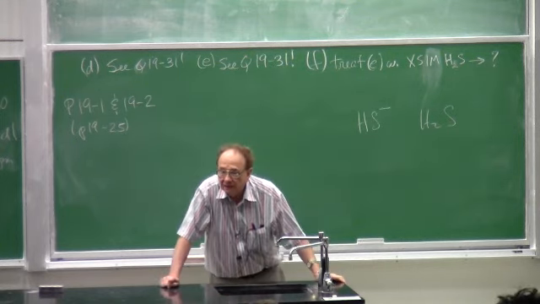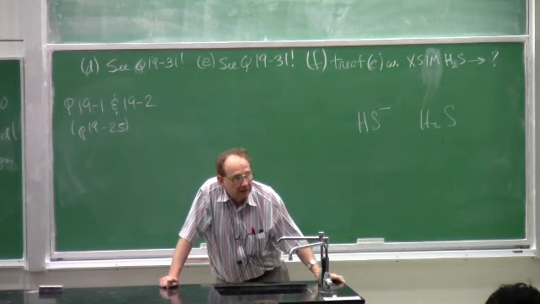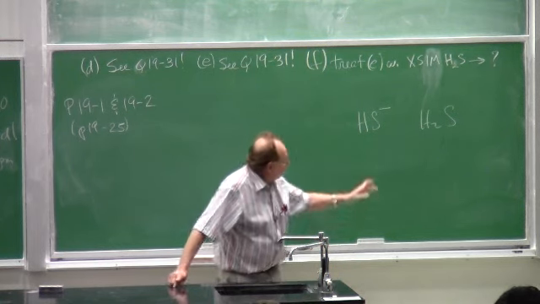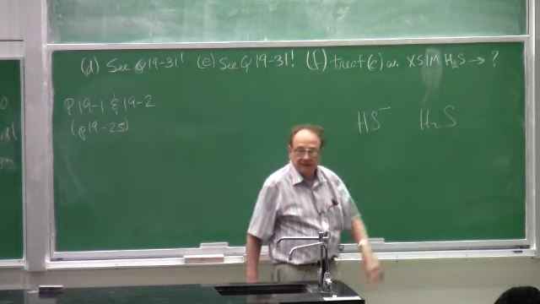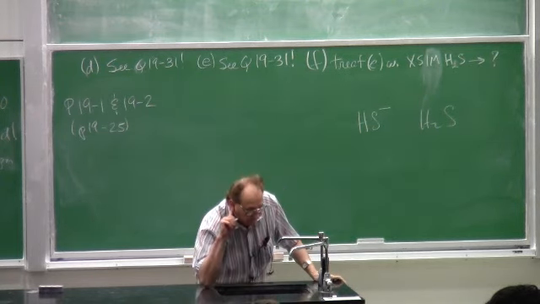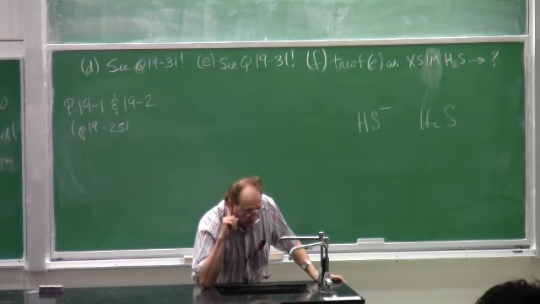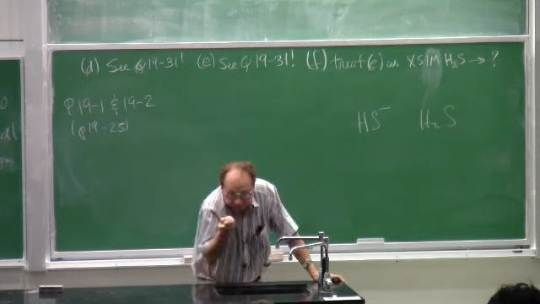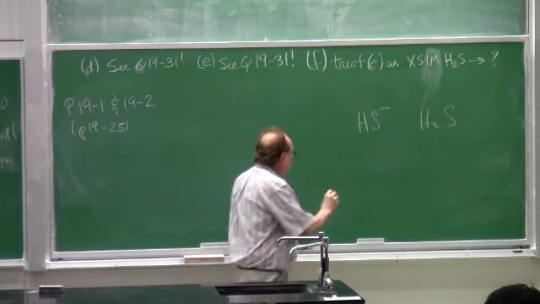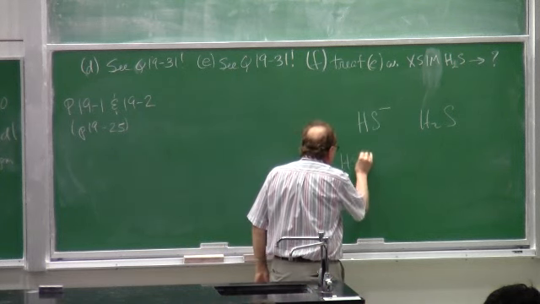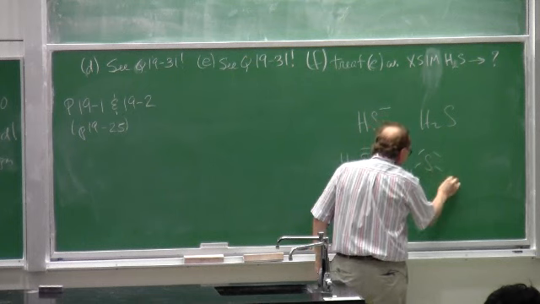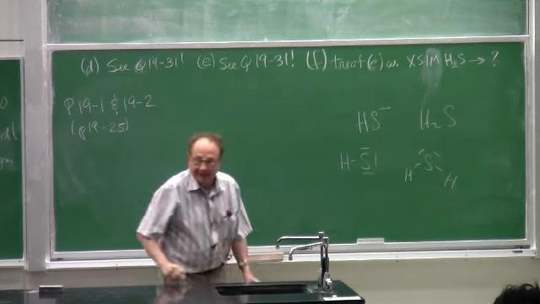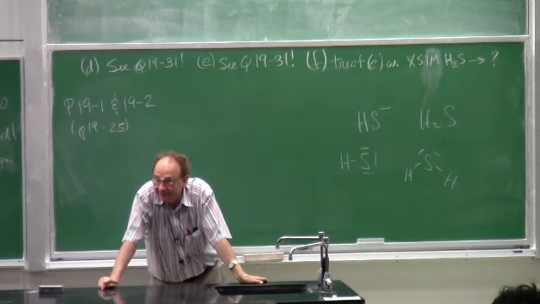Huh? The H2S has to become that. Why is this a much better sulfide ion source than this? One less proton. What's that mean? How about these structures?